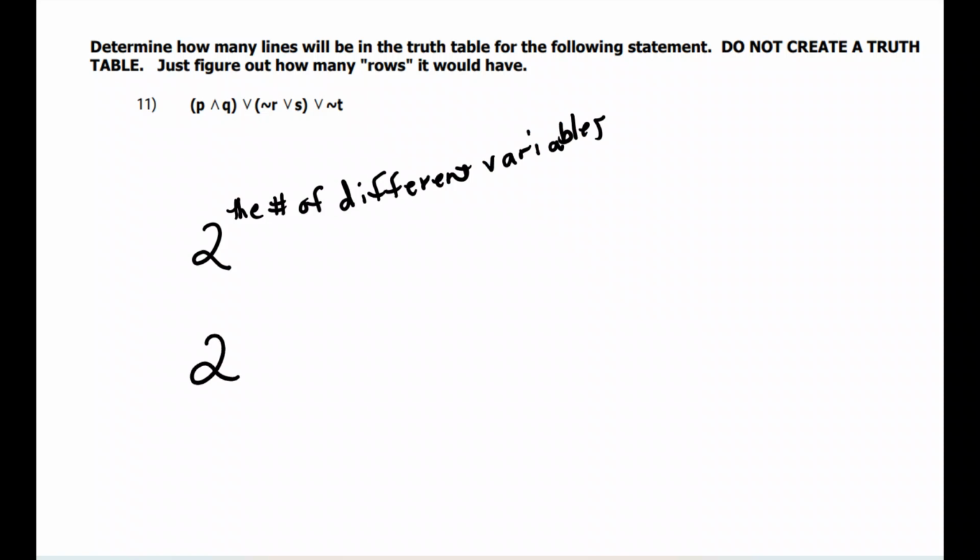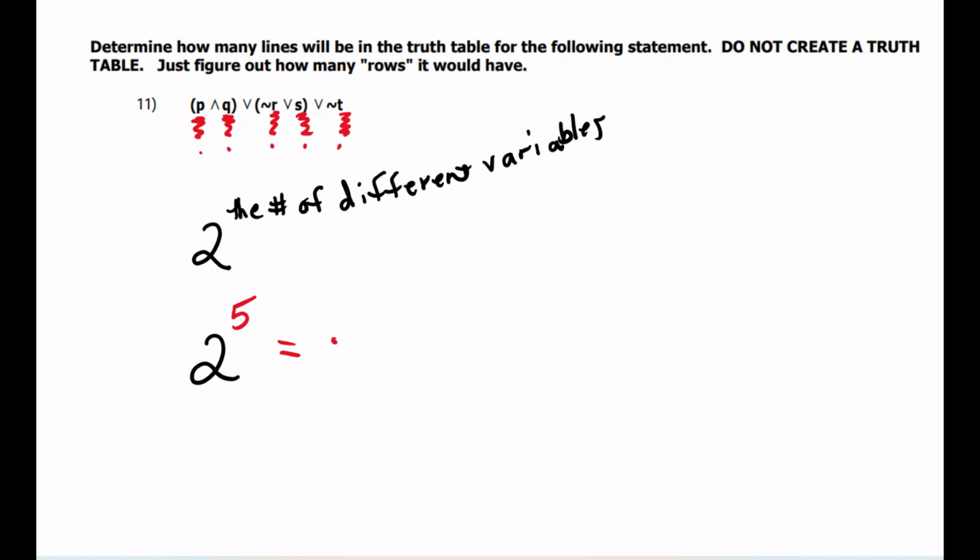So this is going to be 2 raised to the, let's see, I have a P and a different one, Q, and R is different, and S is different, and T is different. So that's 1, 2, 3, 4, 5. So this is going to be 2 to the 5th.